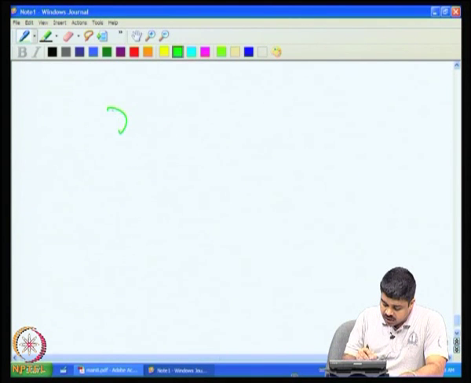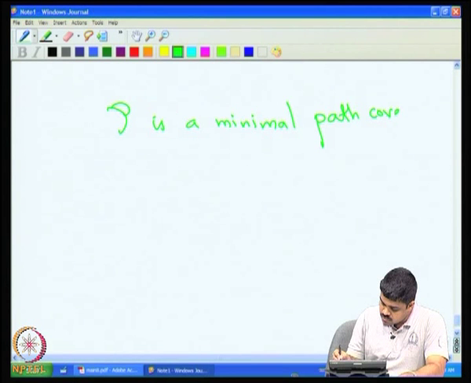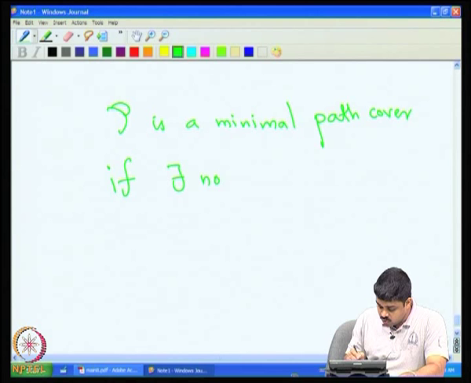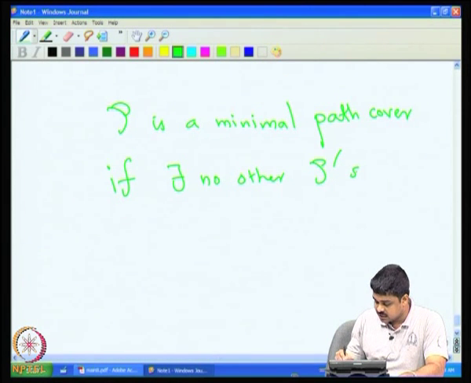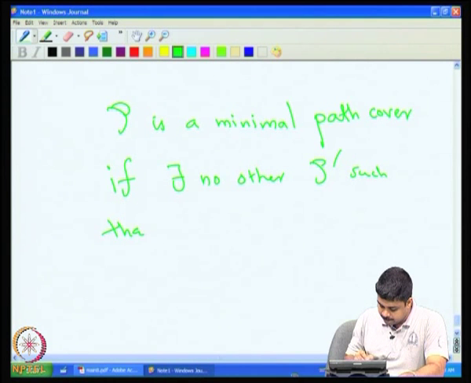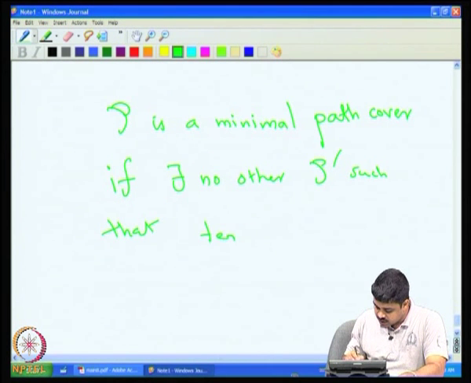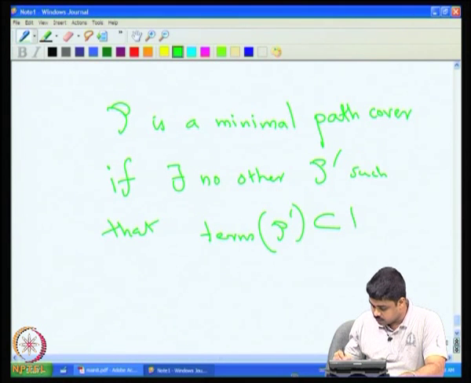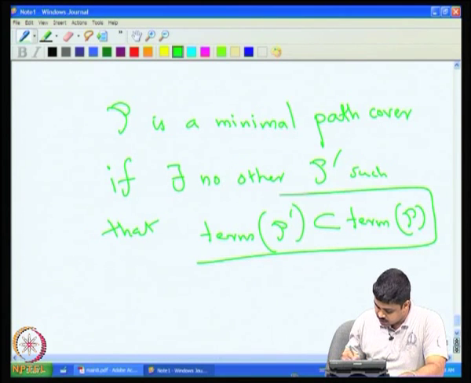Now, P is a minimal path cover if there exists no other path cover P dash such that the terminal vertex set of P dash is a proper subset of the terminal vertex set of P. This is the condition.